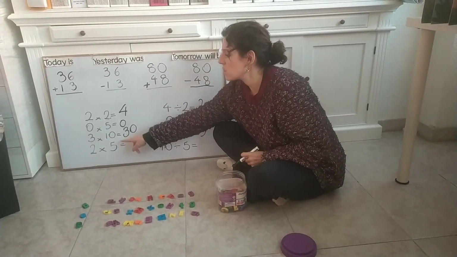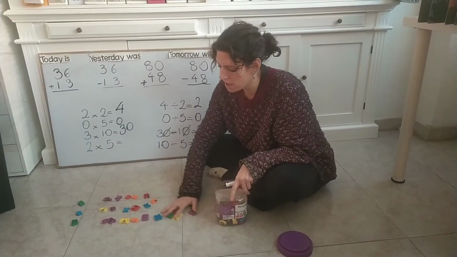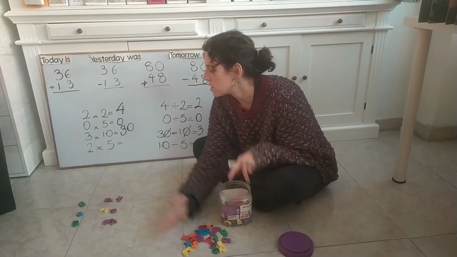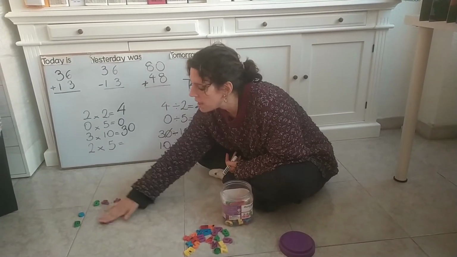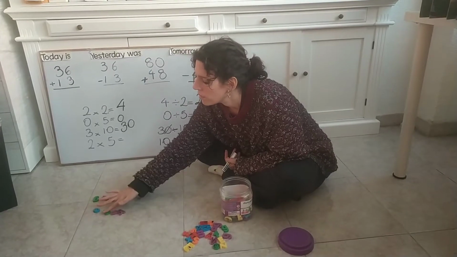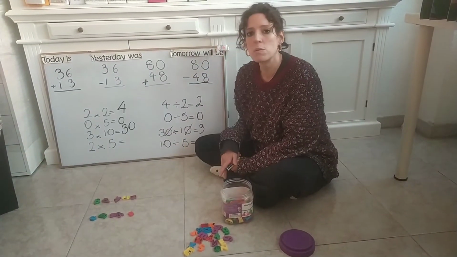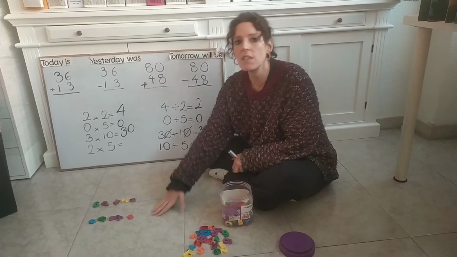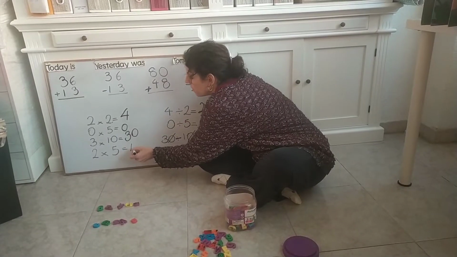And the last one. If I have got 2 groups of 5, let's see. I've got 5 and 5. We can all do this on our fingers. We all know my answer is going to be 10.